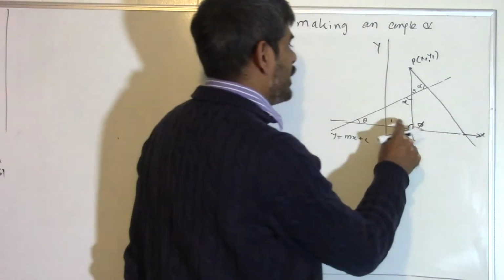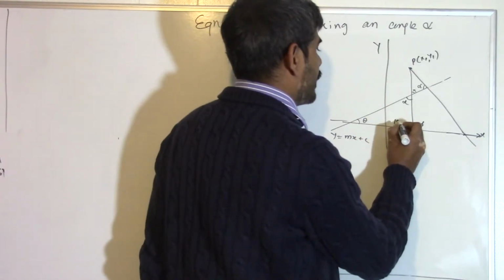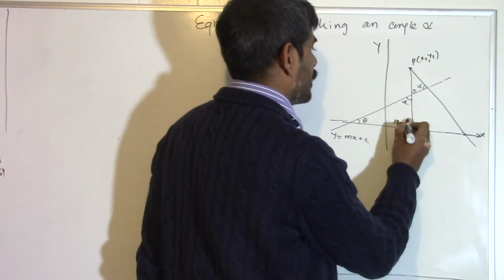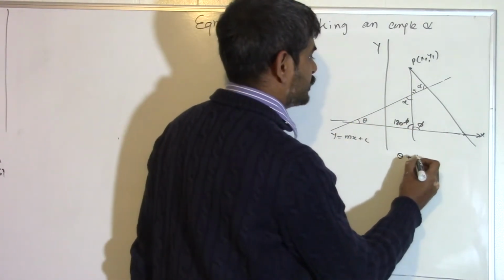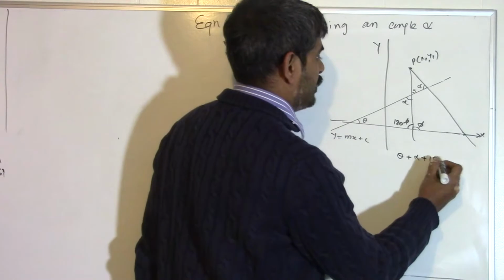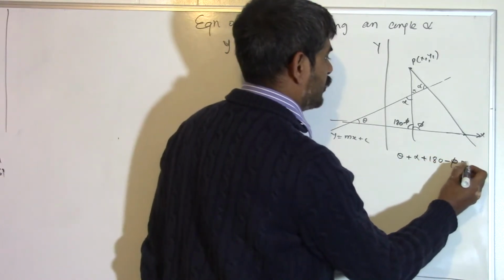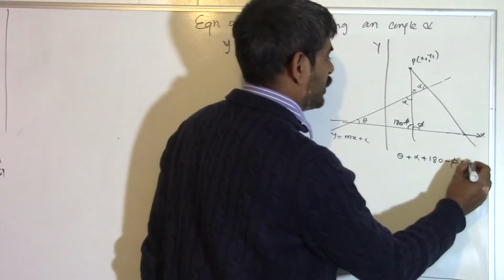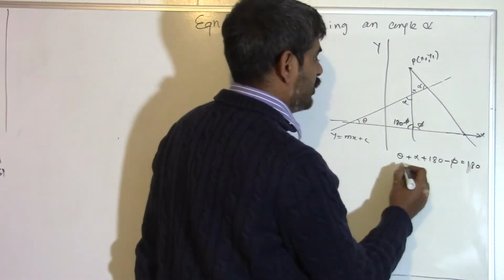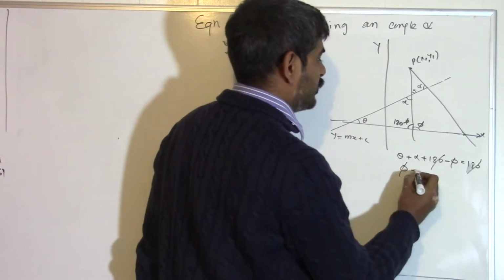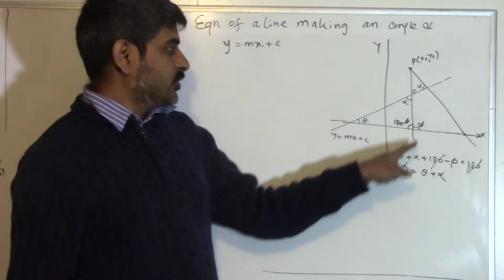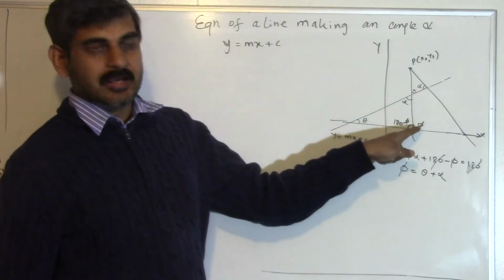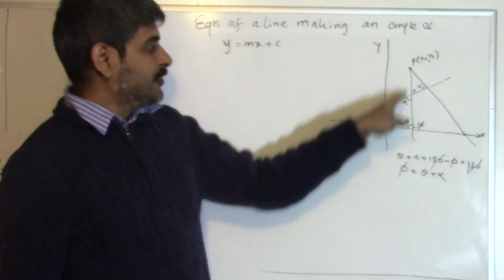So this is phi, and this is going to be 180 minus phi. From this triangle we can write theta plus alpha plus 180 minus phi is equal to 180, or the 180 cancels, and phi is equal to theta plus alpha. So in theory we are now able to find this angle, and this will help us find the gradient of this line.